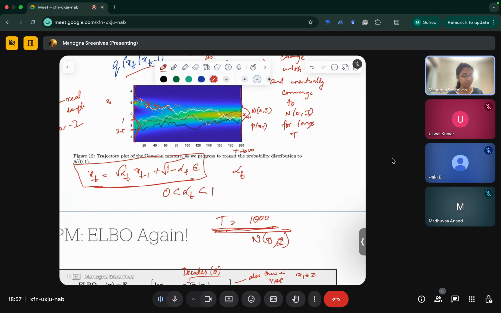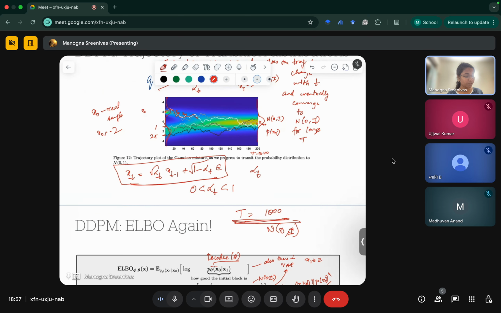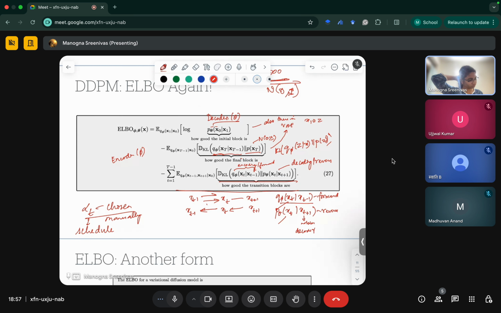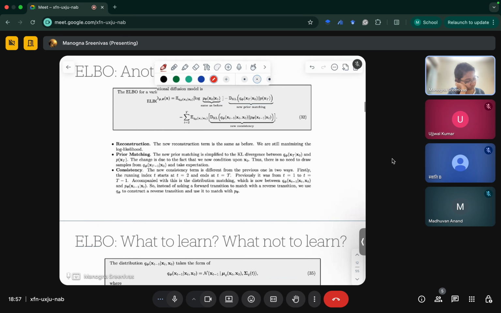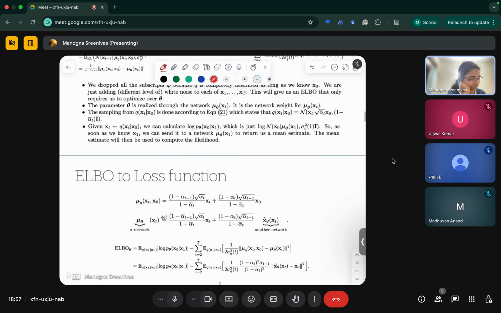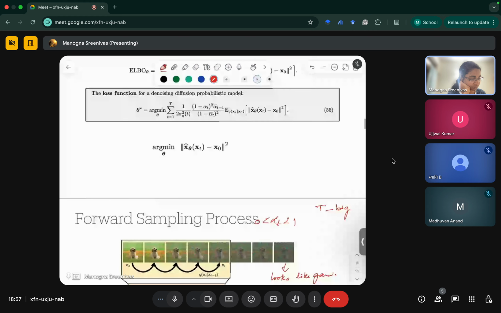We want to go from this to this, and model that using a neural network that will take you from xt to xt plus 1 or xt plus 1 to xt, in the forward process or reverse process. Okay, this and all, I'm not going to go into detail.